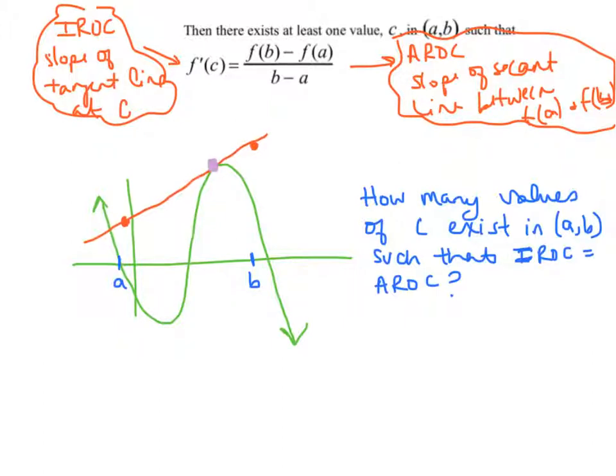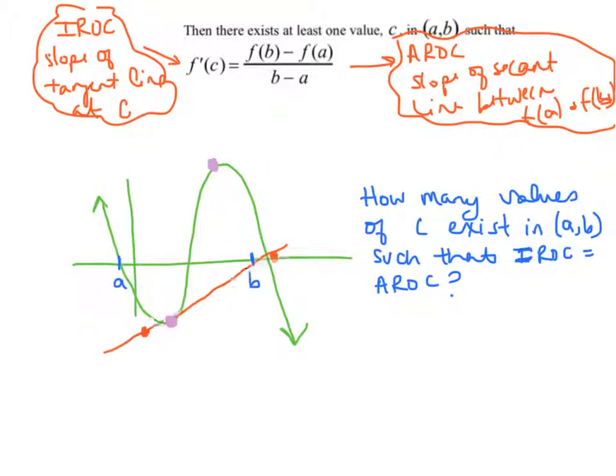Now if I take that line again and move it down, I can see all these places it's intersecting the graph in at least two places. But here I can see that it is tangent once again at only one place, right here. And so that's two different times when I have the instantaneous rate of change equal to the average rate of change.